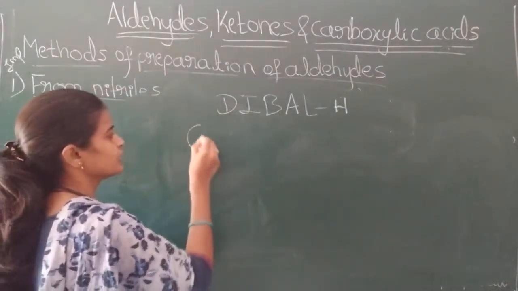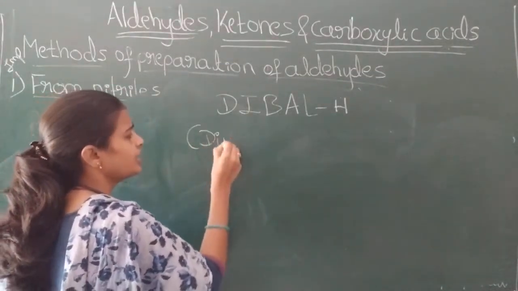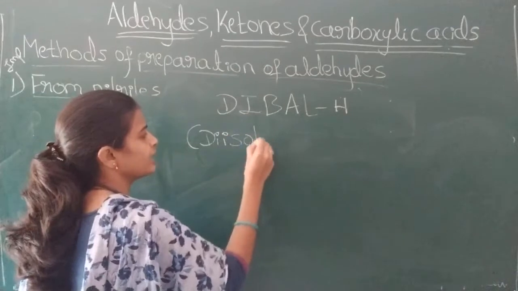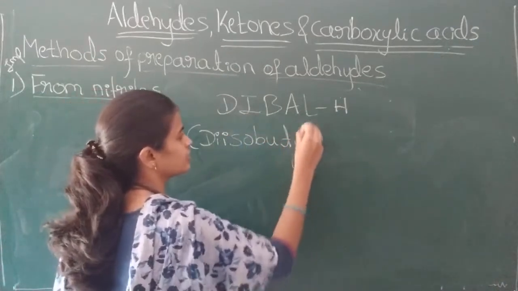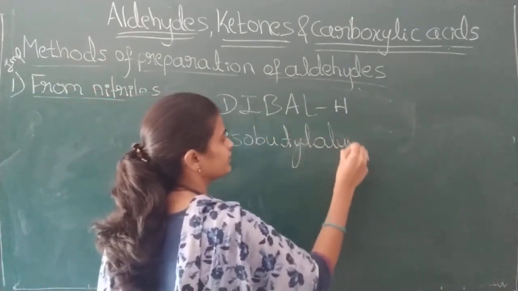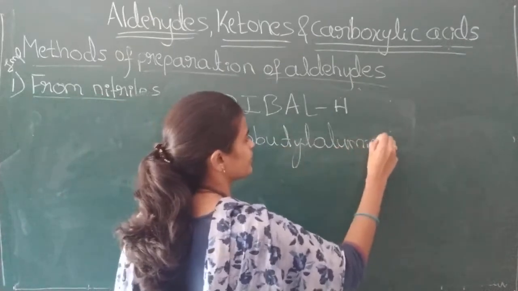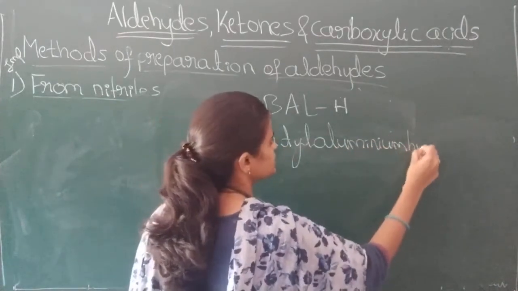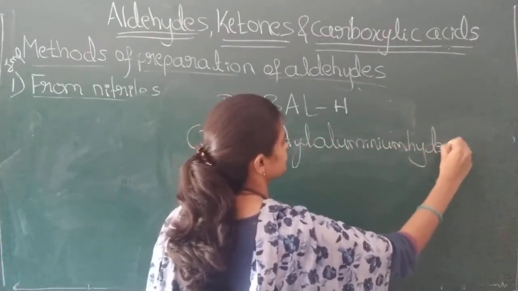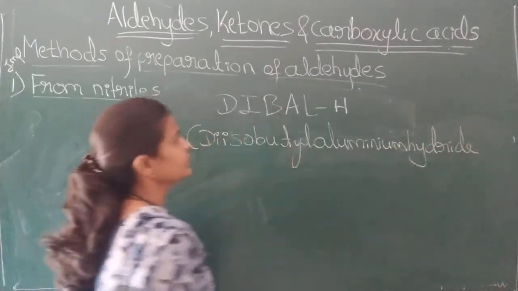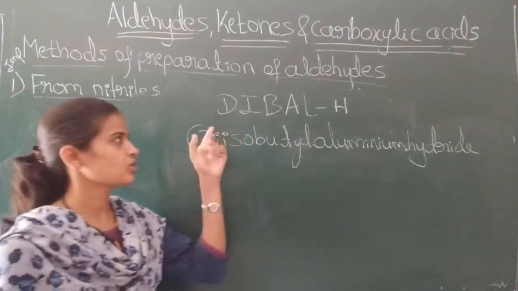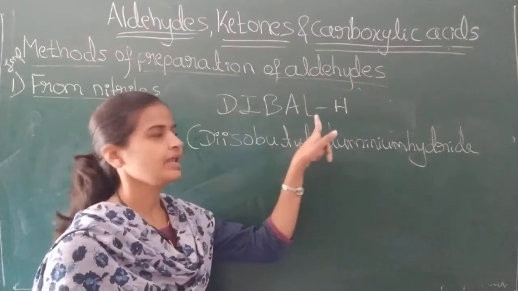The name of this one is diisobutyl aluminium hydride. In short, it is called DIBALH.